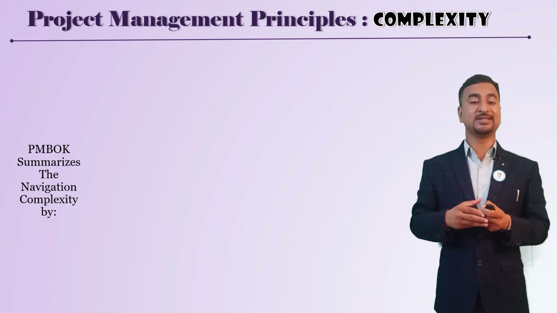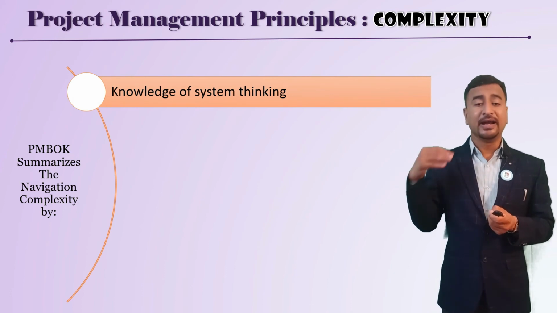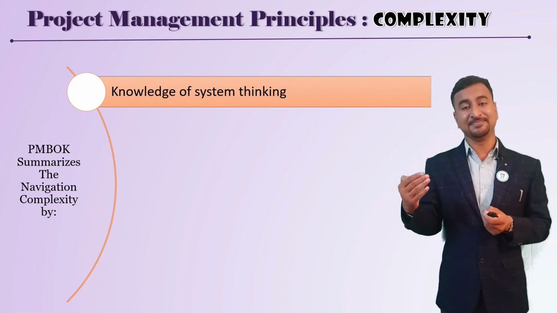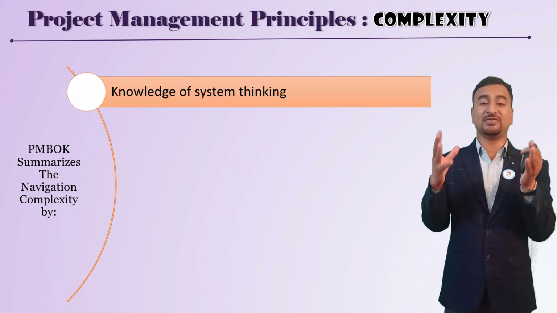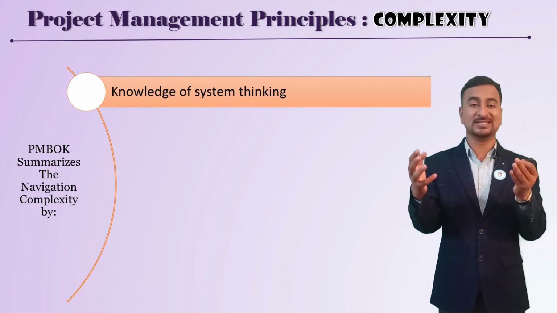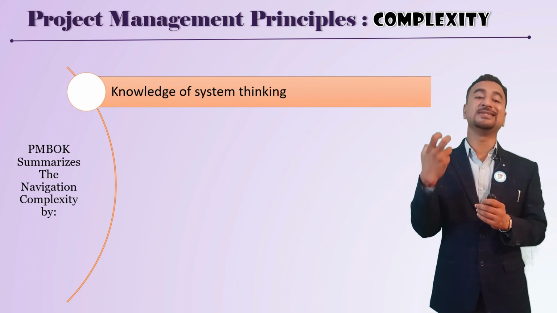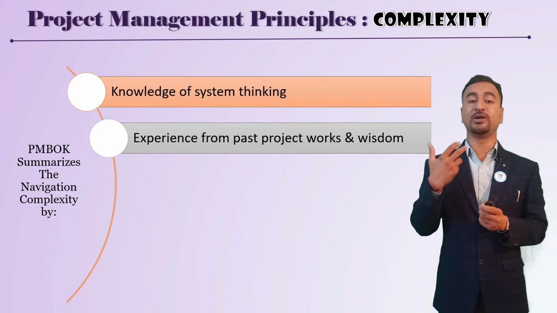Now, PMBOK 7 summarized navigating complexity by knowledge of systems thinking, the principle that we need to understand. We have systems of systems. We are a part of a bigger machine, so you need to develop that systems thinking knowledge.